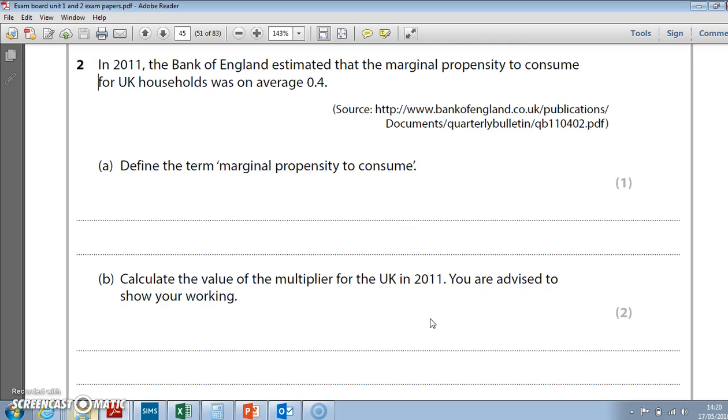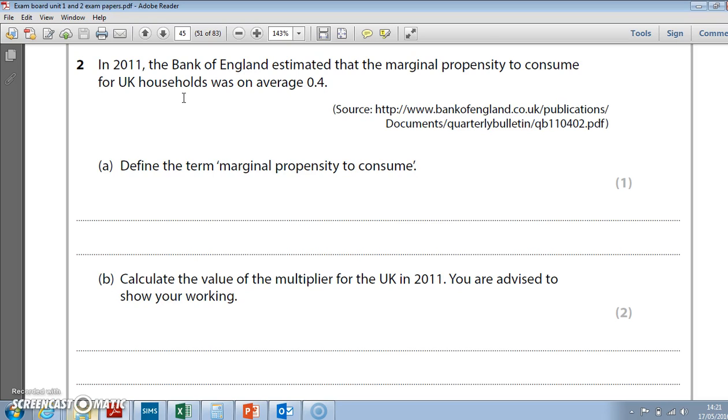Right, moving on to question 2. In 2011, the Bank of England estimated that the marginal propensity to consume was an average of 0.4. Define the term marginal propensity to consume. Essentially, in a basic idea, it is if consumers are given more money, what are they going to do with that money? Are they going to spend it or are they going to save it? If you got a pay increase, are you likely to spend your money or save it?